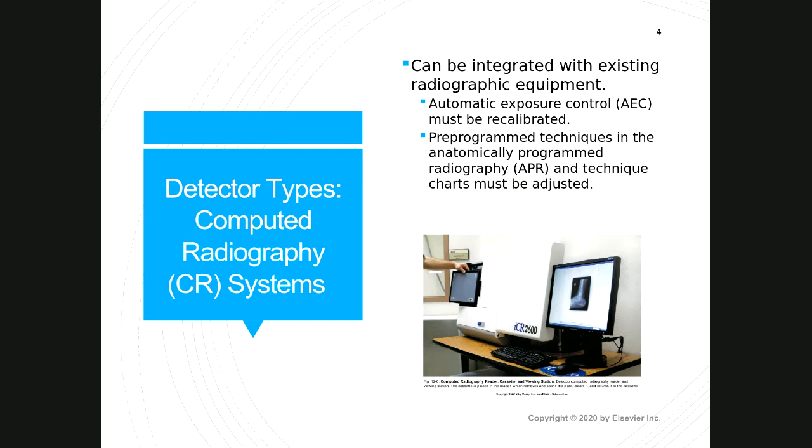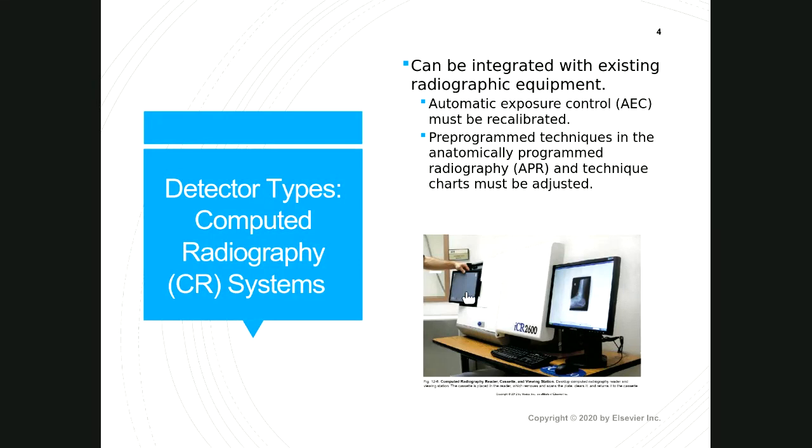You can see in this image here, this is showing you the plate reader. This right here is a plate reader where you process your image. You can see right here, this is a cassette with a photostimulable phosphor in it. So this is your CR cassette.